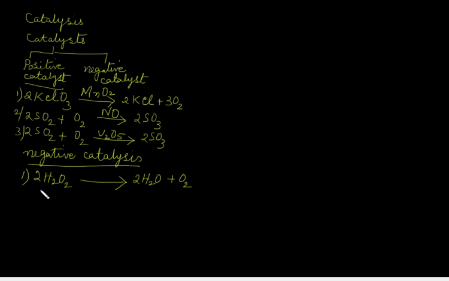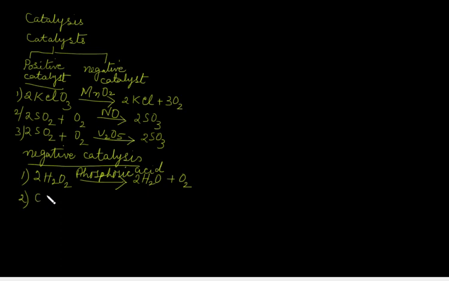So this has to be prevented. Dilute acids, say for example phosphoric acid, prevent this reaction. So this is a case of negative catalysis and this is a negative catalyst.